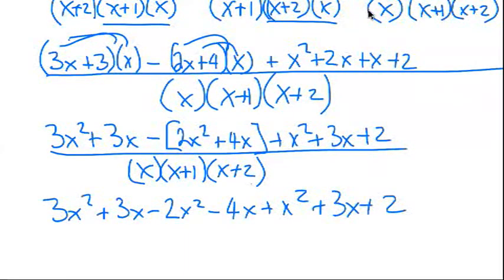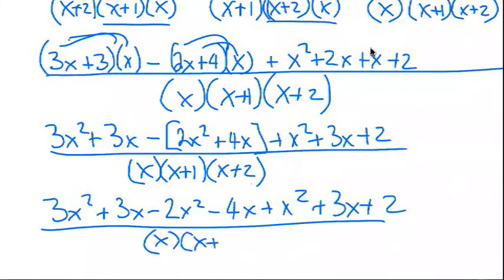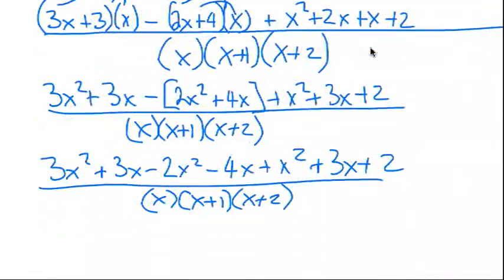Whew, that is a mouthful. Okay, all over x, x plus 1, x plus 2. Combining like terms. 3x squared minus 2x squared is 1x squared plus x squared is 2x squared. 3x minus 4x is minus 1x plus 3x is 2x.